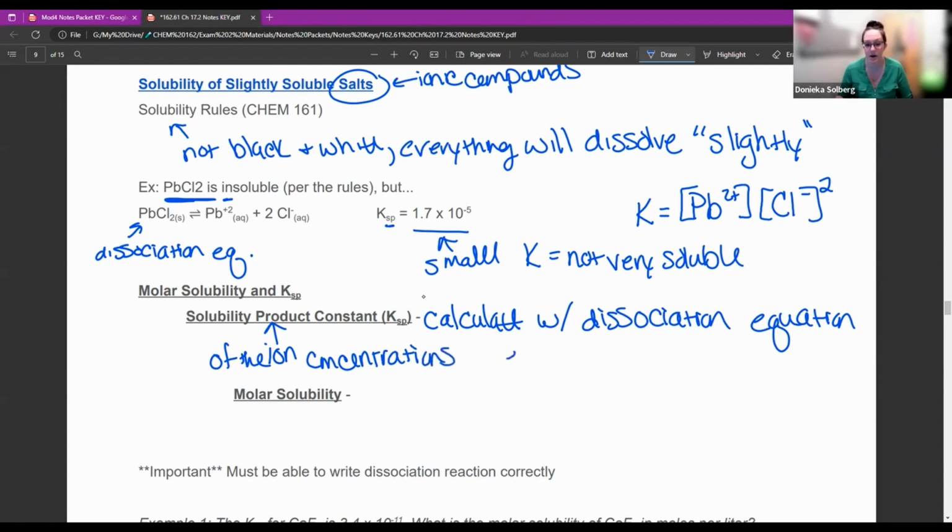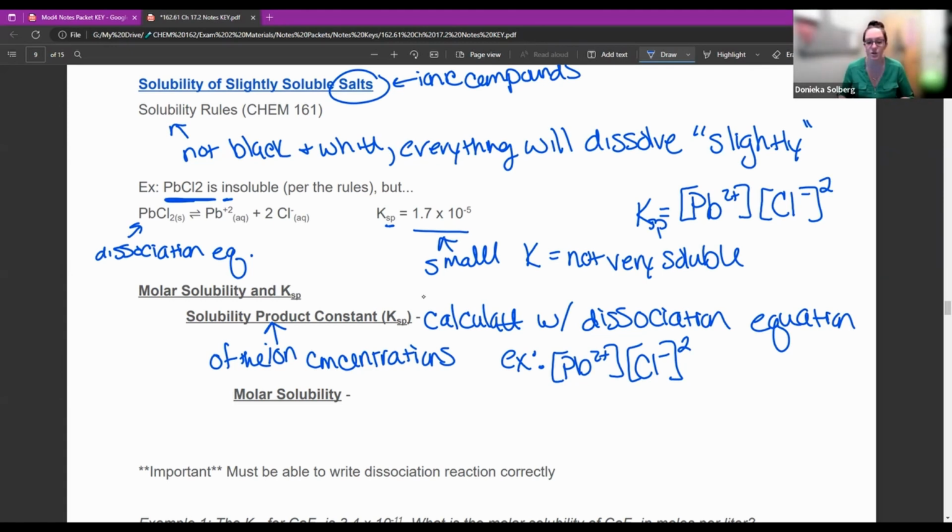So like I said above, if I were to calculate Ksp of lead chloride, it is essentially just the lead ion concentration multiplied by the chloride ion concentration squared. It is the product of those two, and it's always only going to be the ions that are part of that actual compound.